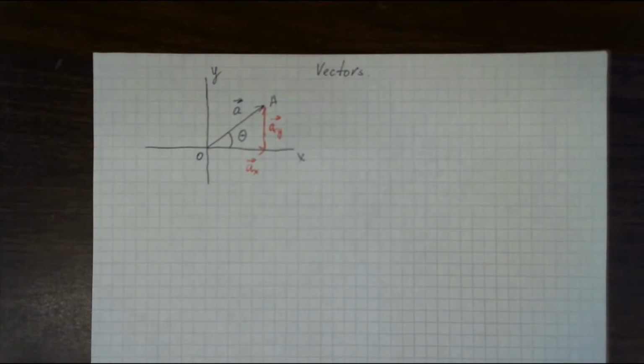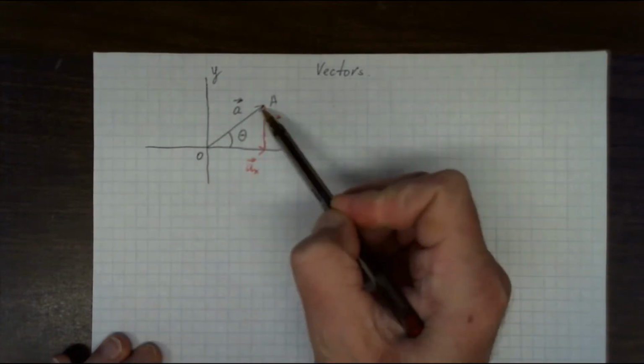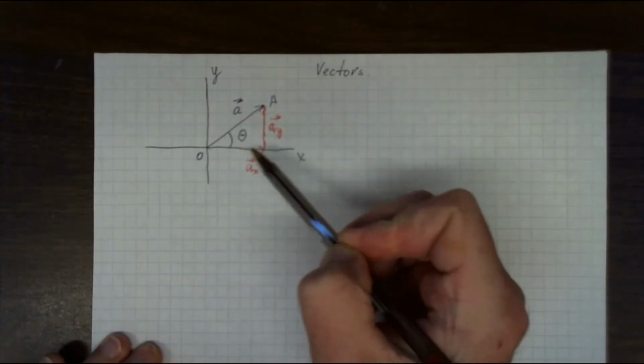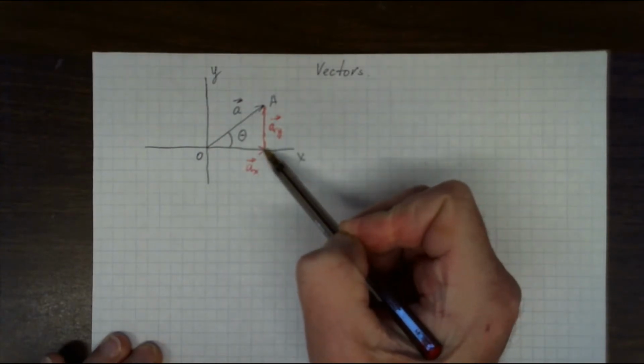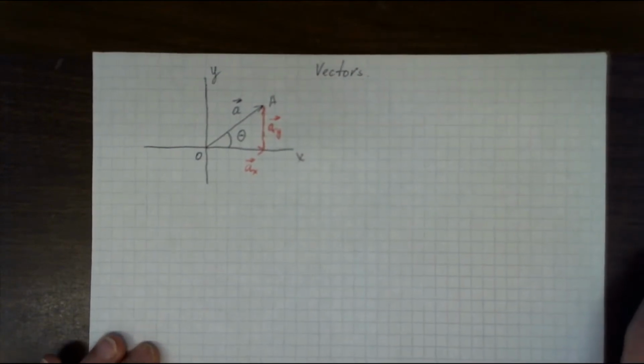As you can see, the final result is identical if I walk from point O to point A, or I walk along A of x and then along A of y.